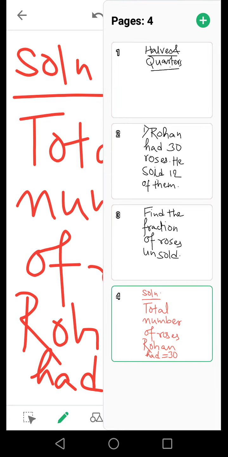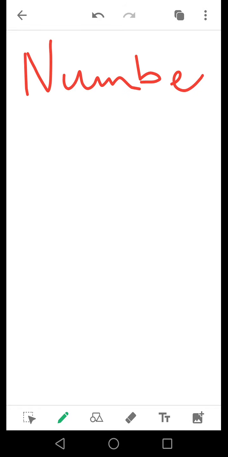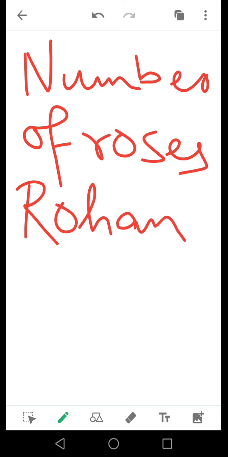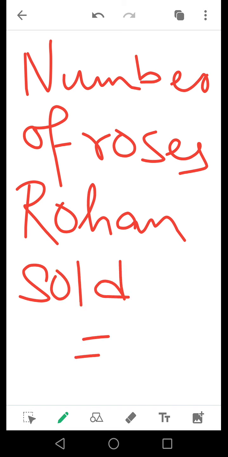Now coming to the next board, you write number of roses Rohan sold. Now this will be equal to 12. So number of roses Rohan sold is 12.